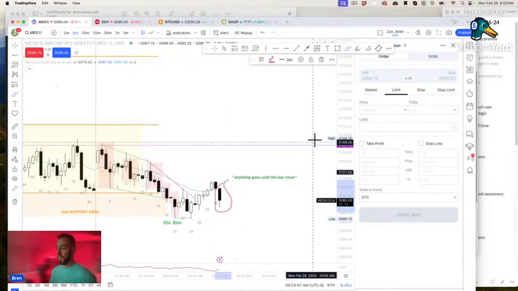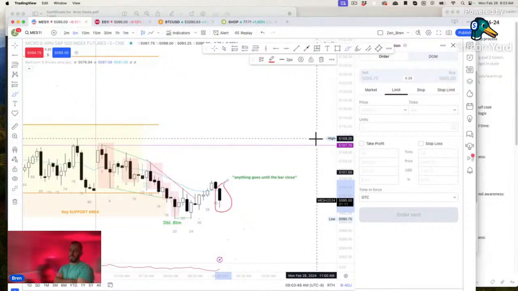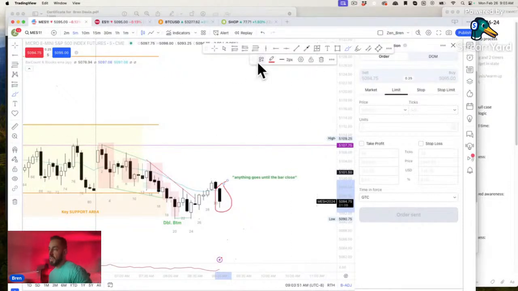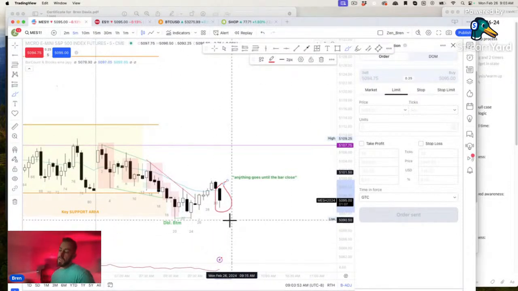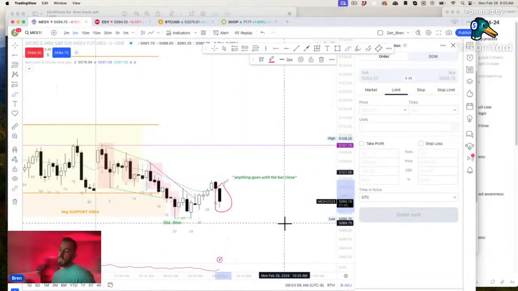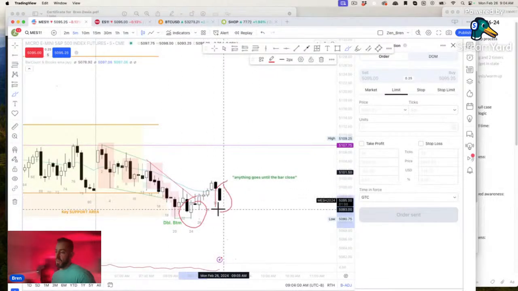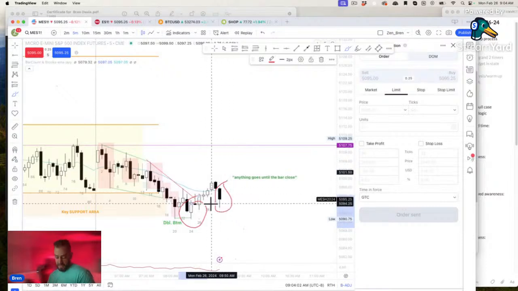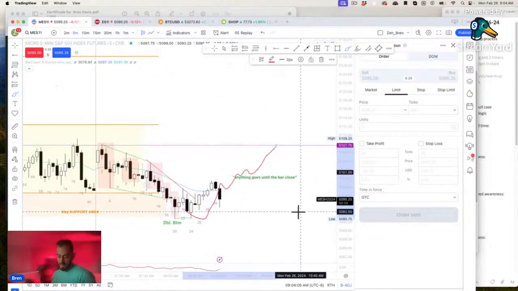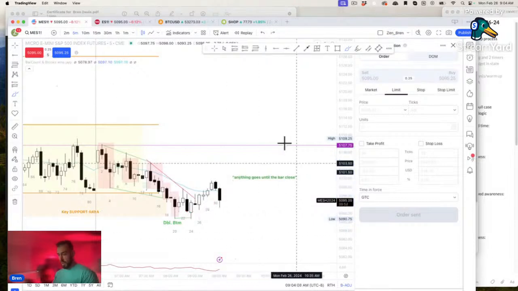This is going to tell us something, because if we get a higher low, then the bulls have reason to add to their position. The bulls that entered here, if we get a higher low, might be looking to buy again. And we're in a trading range.